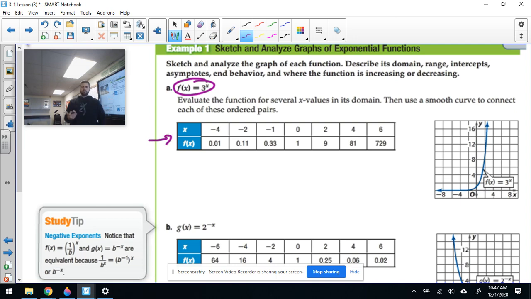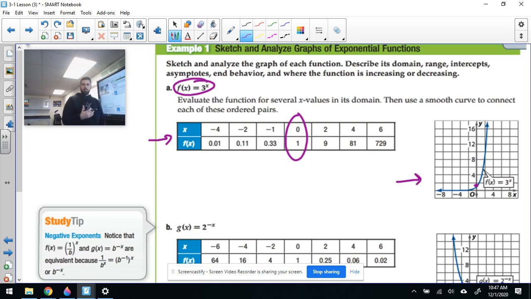Well, there's a couple different ways you can make a table. One way is to just make one and plot a bunch of different points for x. And so you do like 3 to the -4 power, 3 to the -2 power, 3 to the -1 power, and so on and so forth, right? Anything to the 0 power, remember, is 1, so that kind of helps us out. We always know that anything to the 0 power is going to be 1, and so that's going to cross right there, right? And so we graph this, and we end up seeing it looks something kind of like this guy, right?